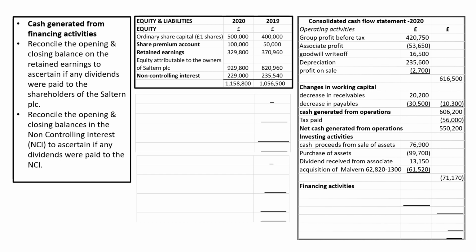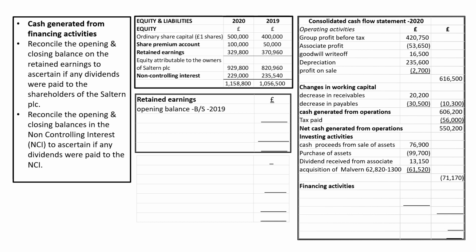And there is the non-controlling interest, where if you look at it within the 2 years 2020 and 2019, the balances are different. Again we have to reconcile the opening and closing balances in the non-controlling interest to ascertain if any dividends were paid to the non-controlling interest. Right, let's start with the retained earnings.